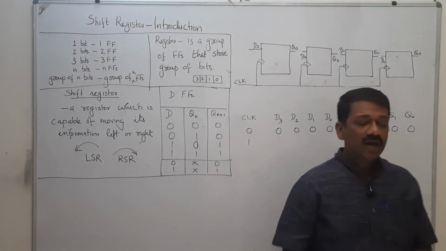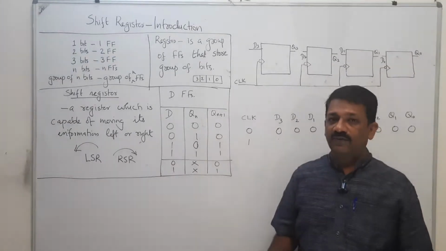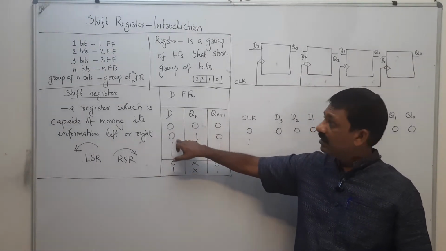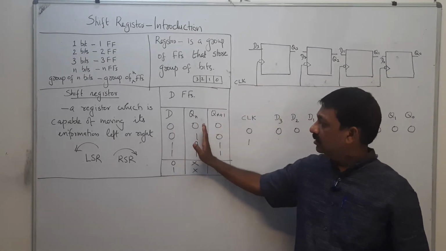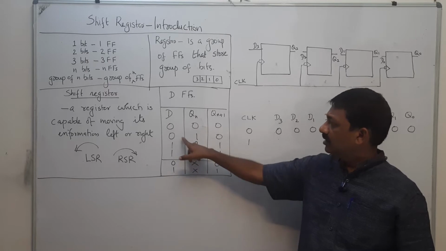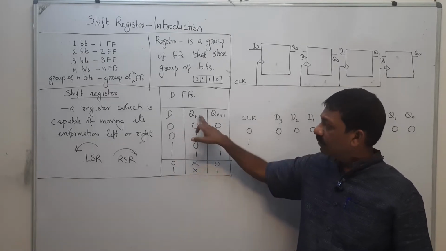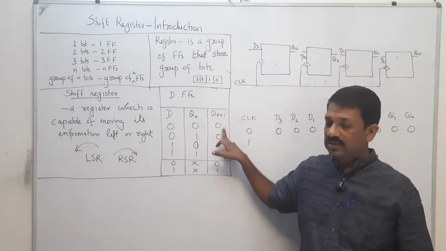Why? As you know, this is the characteristic truth table for D flip-flops. If D is 0, and the previous state is 0, then the output will be set to 0.